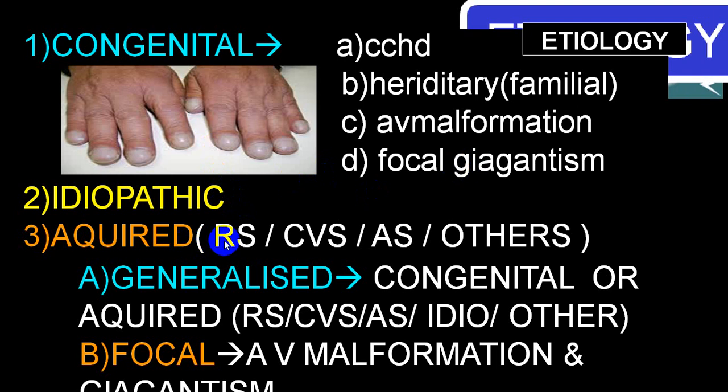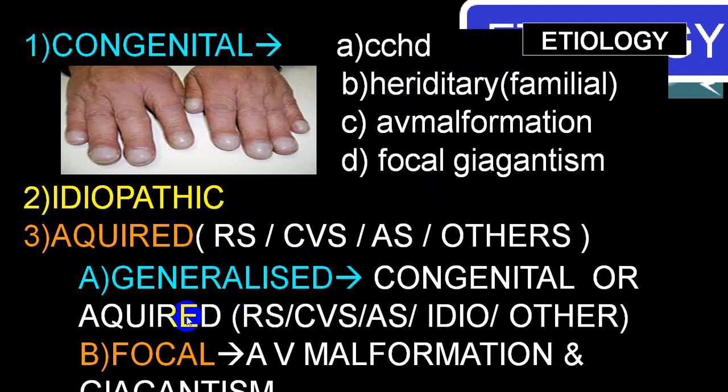Among acquired, it can be respiratory, cardiovascular, alimentary, and others. Out of all this, respiratory comes topmost on the list. It accounts for almost 70 to 80% of the causes. Combined with cardiovascular, it accounts for more than 80% of the causes. And 10 to 15% of the group is idiopathic. So, another way of putting the etiology in general: it will be congenital, or we call hereditary or familial.